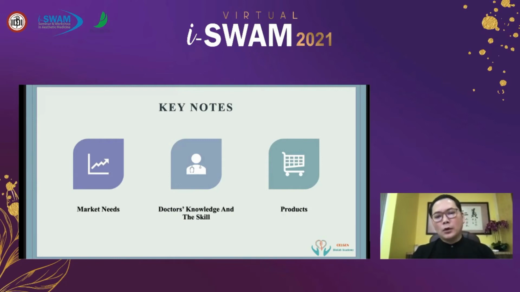So the doctor's knowledge and skills also play a very important role. The last part is the products. No matter what thread you use, you need to know the details of the product, what you're going to do. That is also very, very important.